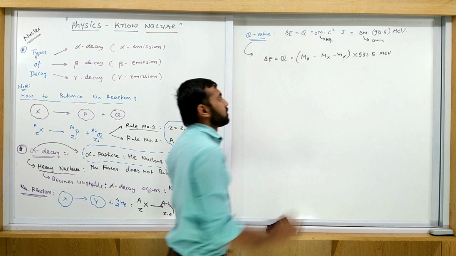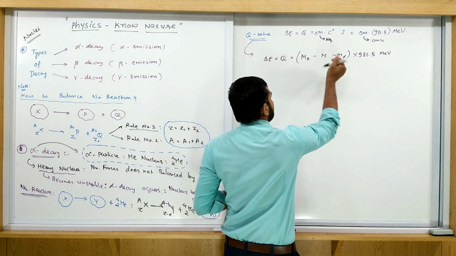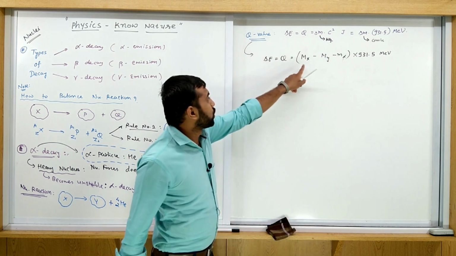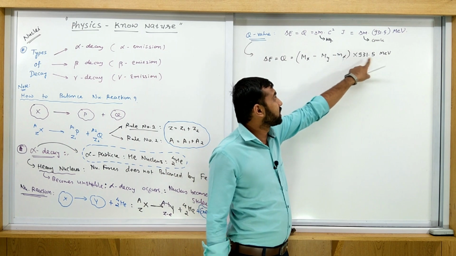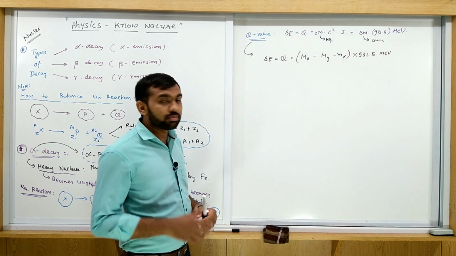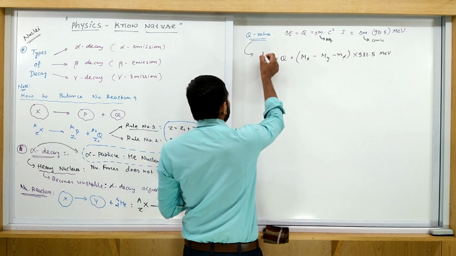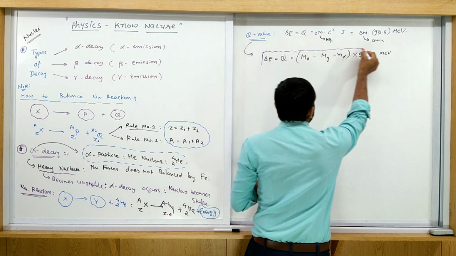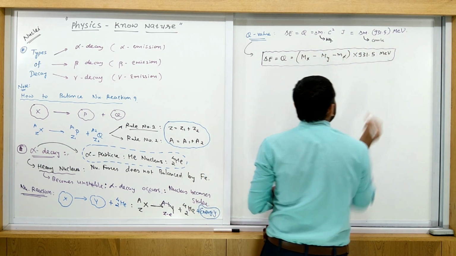All these mass values must be written in terms of AMU, because we are using 931.5, so the unit of mass is AMU. This is the Q value of the alpha decay.